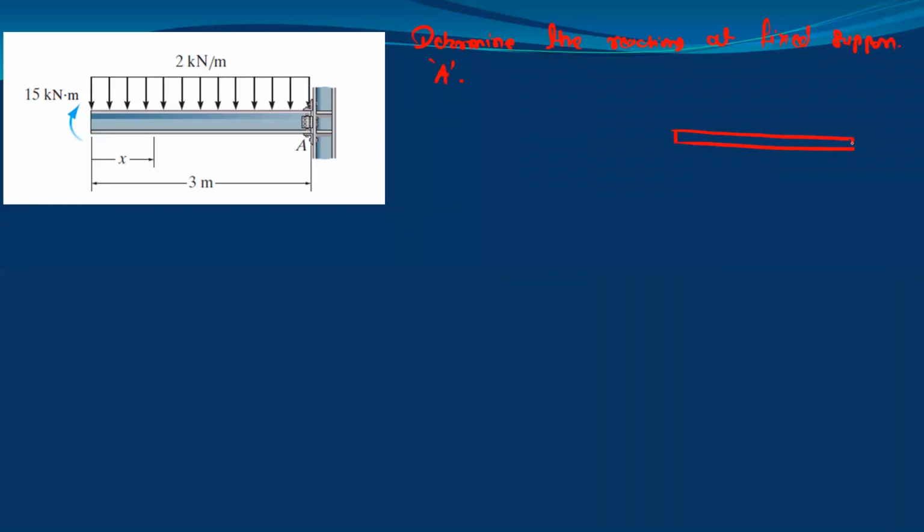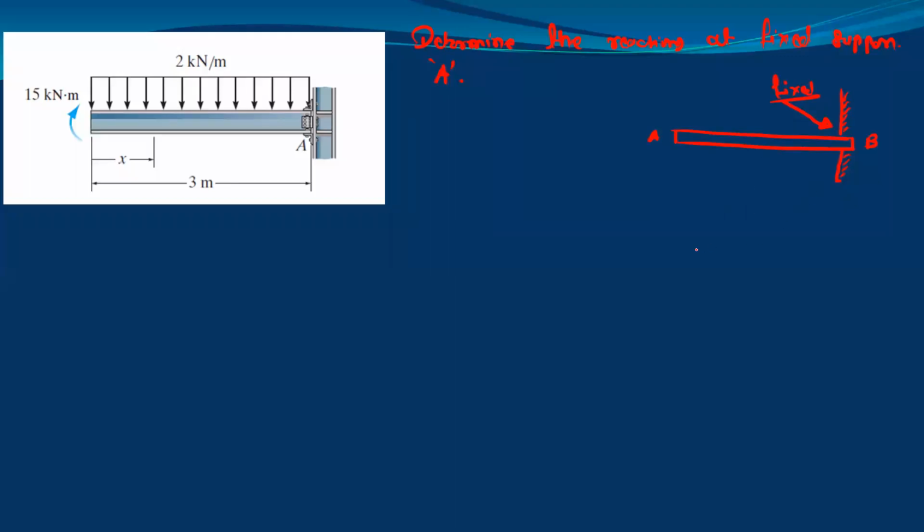Suppose we have one beam AB, and it is fixed in the wall like this. At the point B, when we draw the free body diagram, we will show three reactions, because this fixed support will not allow any kind of motion.